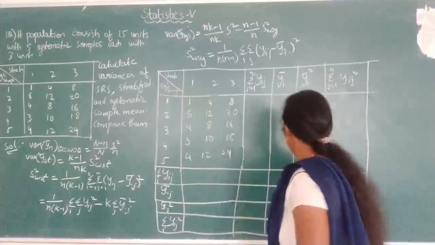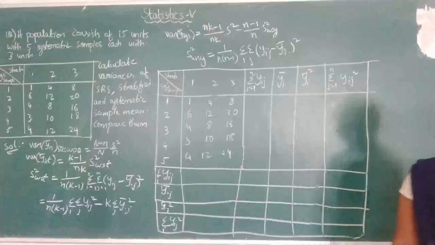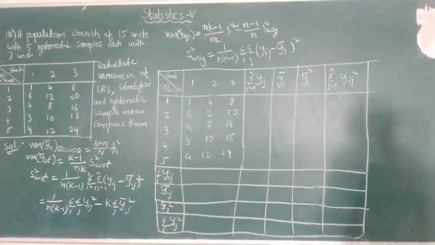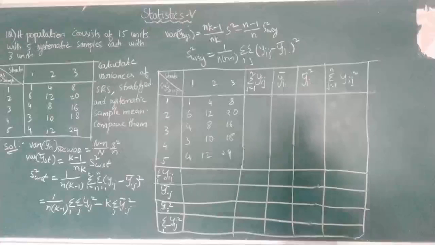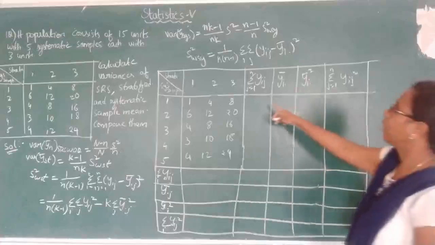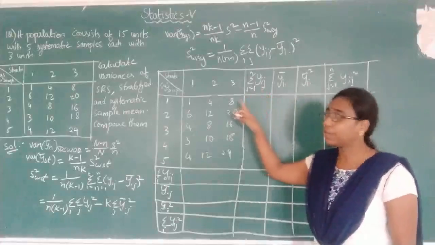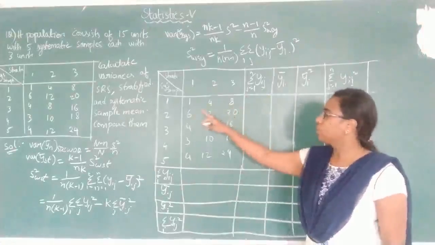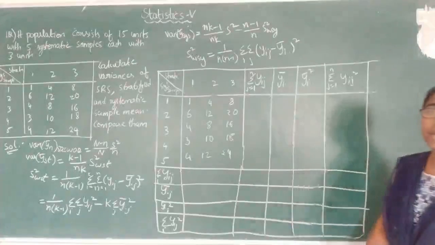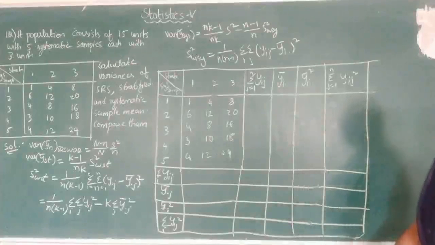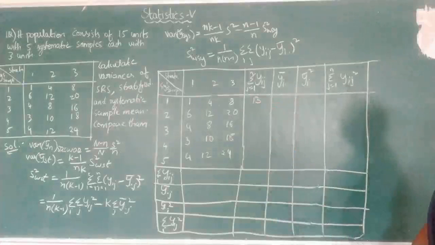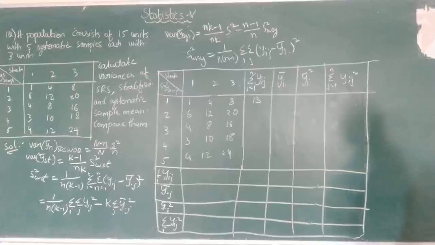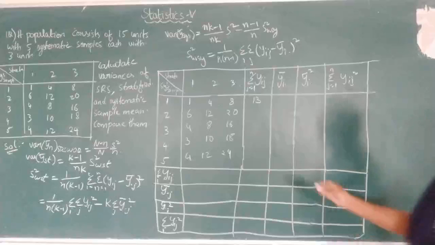So now we have to calculate the values. We'll be calculating all the required values now. First we'll calculate summation over j of Yij. Add these values: 1 plus 4 plus 8, you will be getting 13. Similarly, 20 plus 12, 32 plus 6, you will be getting 38.